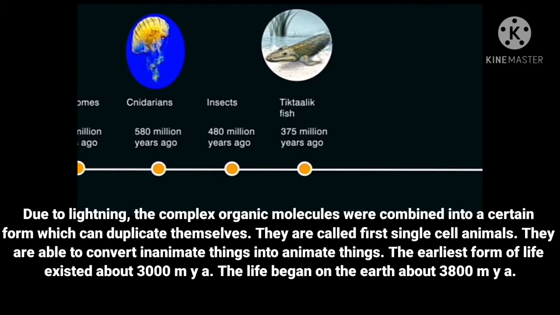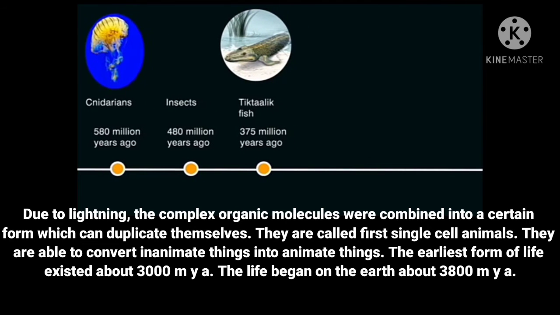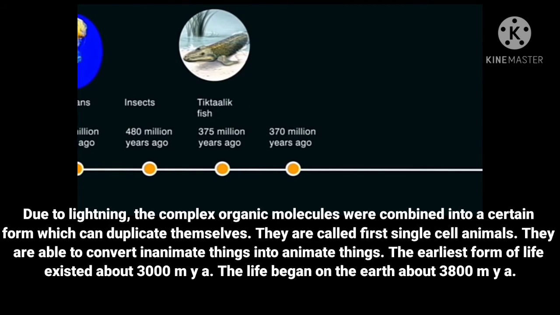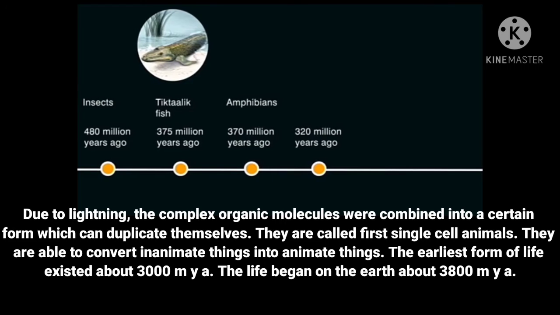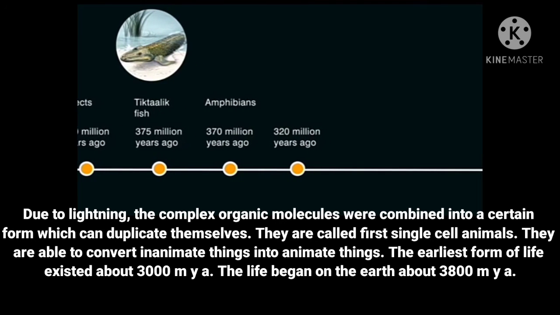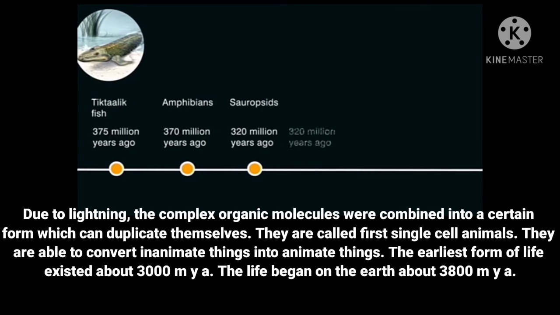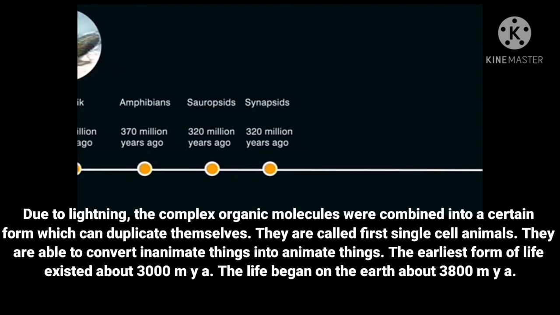So here we can say life began on the earth about 3,800 million years ago. Now students, here a geological time scale is also provided to you, in which you can see the different stages of life events, in which the time is divided into eons, era, period, epoch, and then after that age, years, or before present.